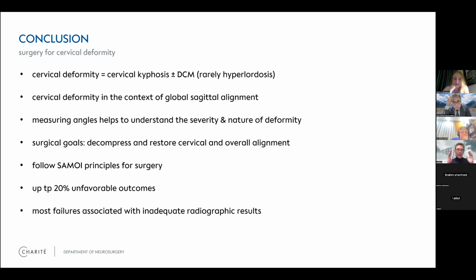You have to understand that it's still complex surgery, and up to 20% of your patients will not be happy. And they objectively not only will complain of a bit of pain, but they will really have an unfavorable outcome, and we don't really understand what the reasons are. But we have to keep in mind that if somebody fails, the patient will most likely fail because the radiographic result is suboptimal.